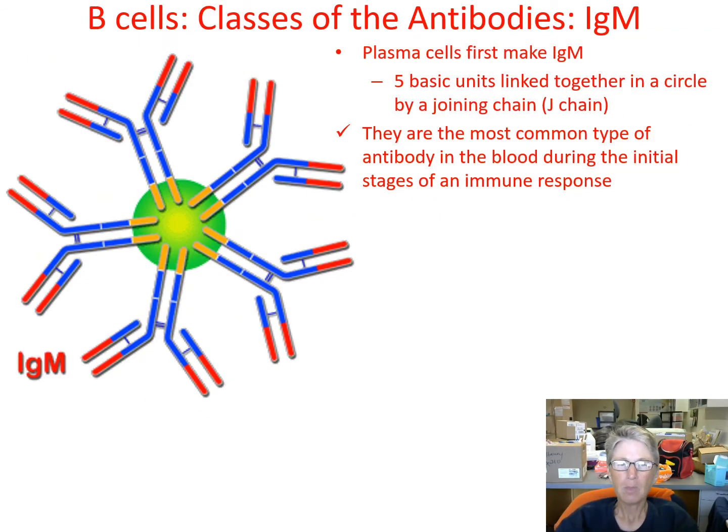So if you are a plasma cell and you've been activated because you know there's a foreign invader, because you know its antigen epitope is there, the first antibody that you make is IgM. This is a cartoon of IgM. It's basically 5 of these units linked together in a circle, so it's kind of big. During the initial stages of an immune response, it's the most common antibody in the blood.